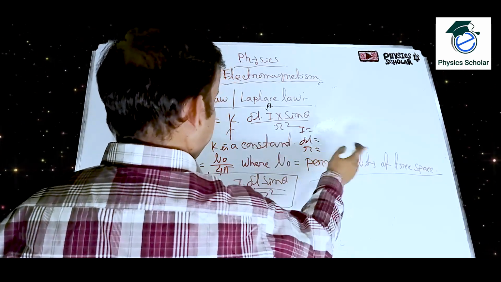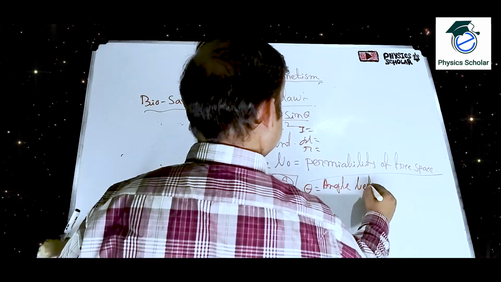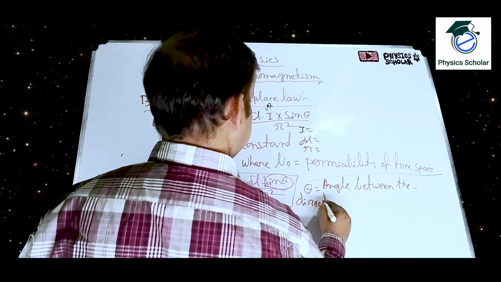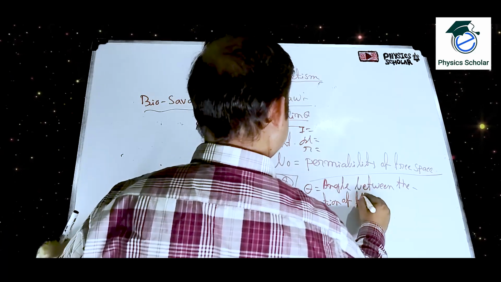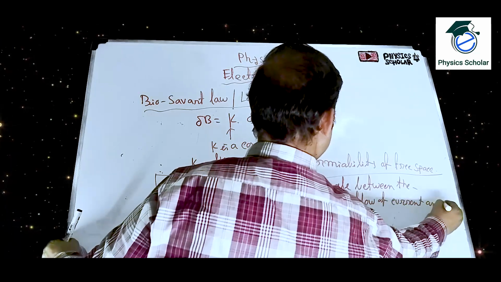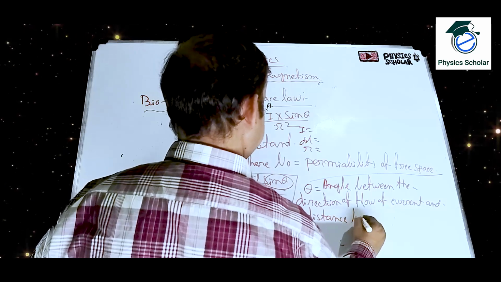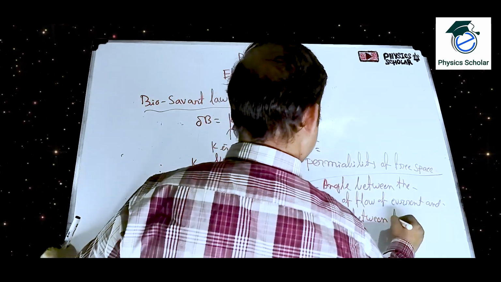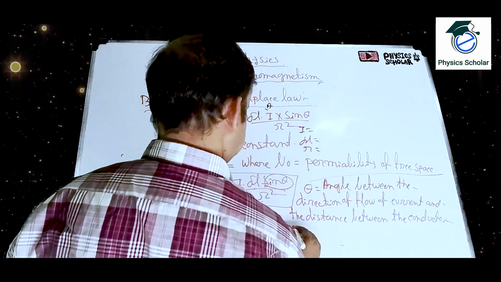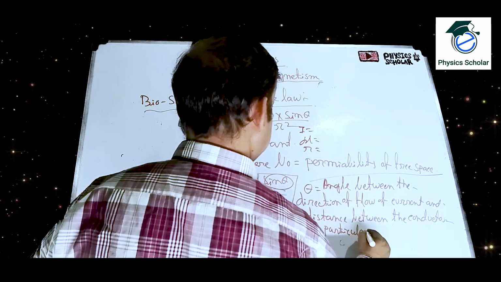R means the distance between the point and the conductor, and theta is equal to the angle between the direction of flow of current and the distance between the conductor and that particular point.